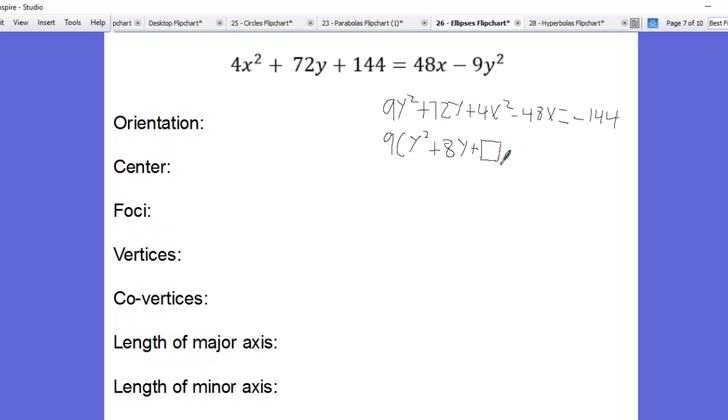That's going to be plus 4 squared, which is 16. Excellent. You're doing some mental math. You're ahead of the game. And then we factor out that 4, plus 4 times x squared. And what's 48 divided by 4?